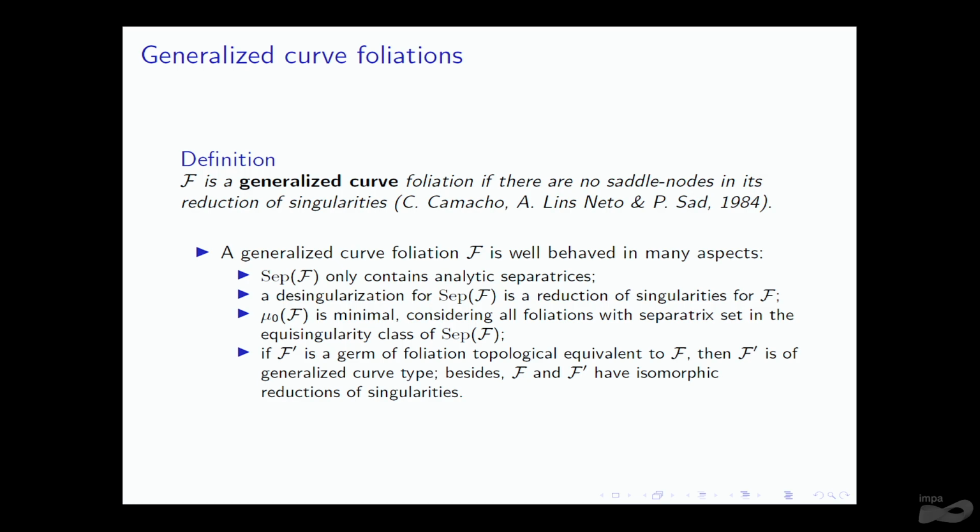And this concept is invariant by topological equivalences. If another foliation F' is topologically equivalent to F, and F is a generalized curve foliation, then F' is also a generalized curve foliation. And besides, they have isomorphic reductions of singularities.